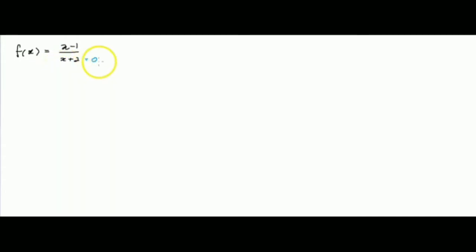Okay, now we only have to solve it. x plus 2 is equal to 0, and hence x is equal to negative 2. So this is our vertical asymptote. In the graph, you will see it like this. Let me show you. So this is the vertical asymptote. This is the x line.